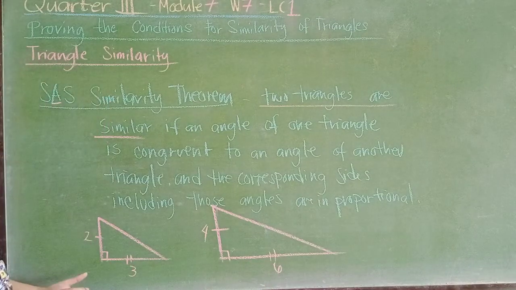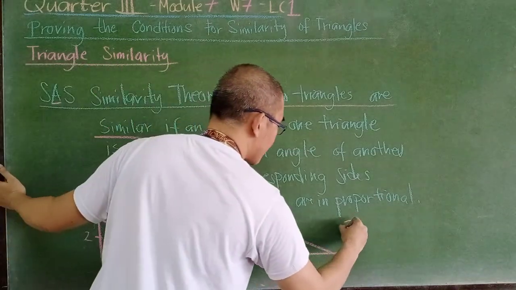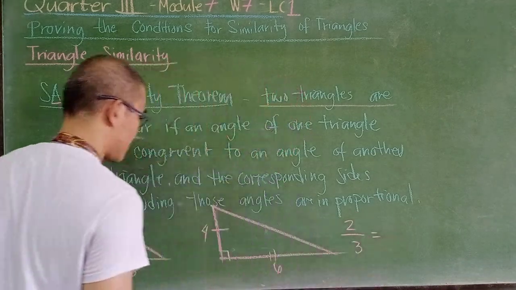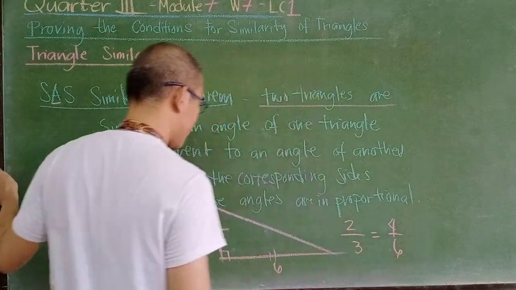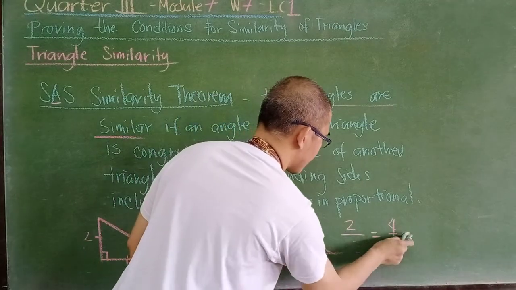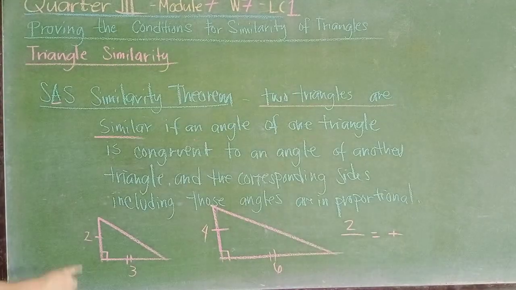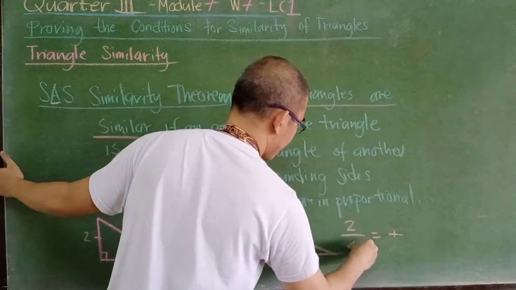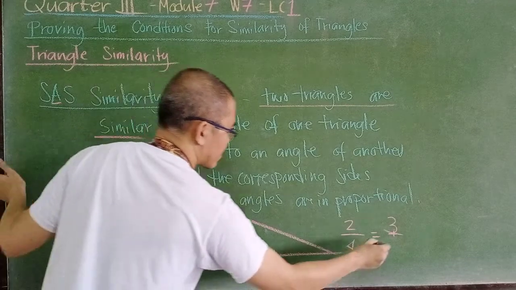Alam naman natin paano natin malalaman kung proportional yan. So, gagawa tayo ng ratio. So, for instance, 2:3, tapos 4:6. Or, pwede mo din gawin 2:4, tapos 3:6.